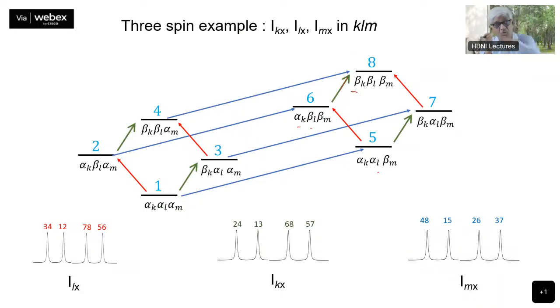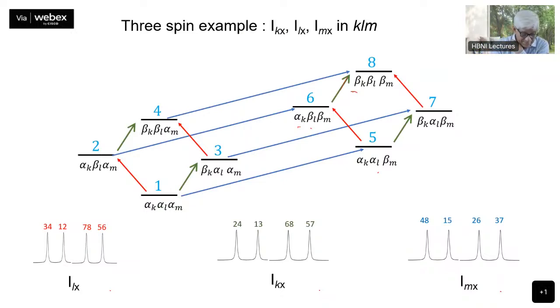You remember what I showed in the previous case, in the 2-spin case. If they are going in the opposite direction, then they represent antiphase. If they go in the same direction, they represent in phase. So when you have an energy level diagram like this, then you have the in phase magnetization of all the 3 spins, and therefore you generate 3 quartets there.